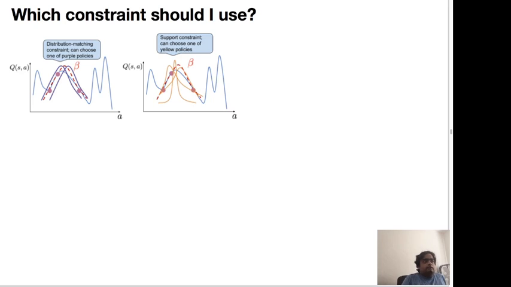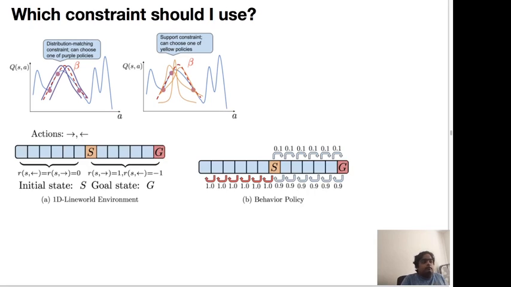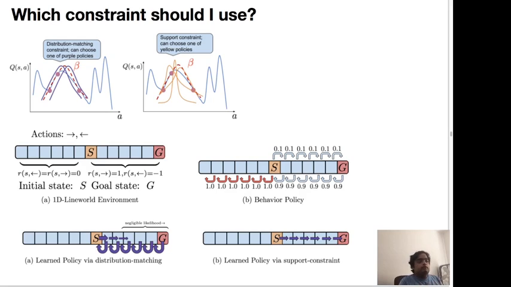To formalize this sort of intuition, we also construct an example where something like this happens. For instance, if you have a problem where you want to navigate towards the right from a state S to a goal G, and the behavior policy mostly takes the action that takes you towards the left, what might happen now is, if you were to do a distribution constraint solution, your learned policy may have very little likelihood of going towards the right, because it's constrained towards going left, given that we are maximizing the RL objective and also penalizing the policy constraint.